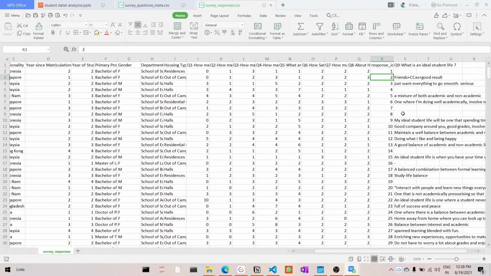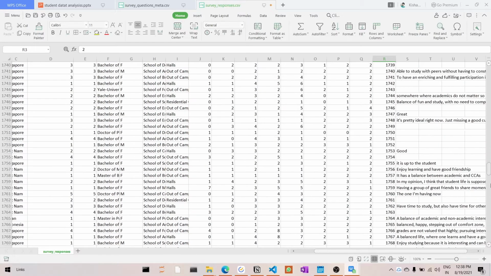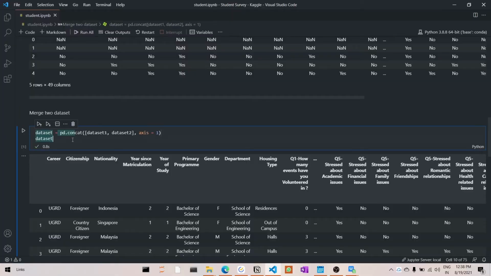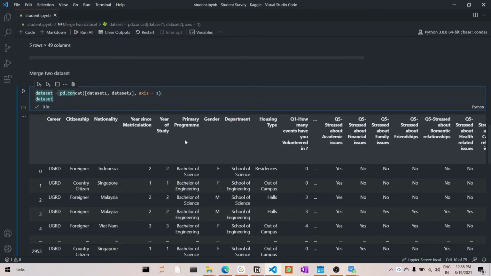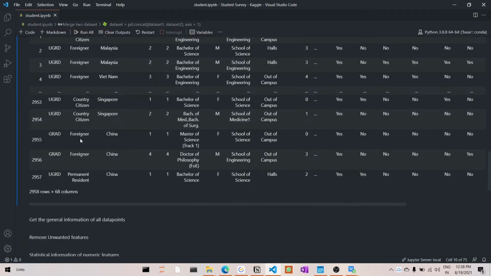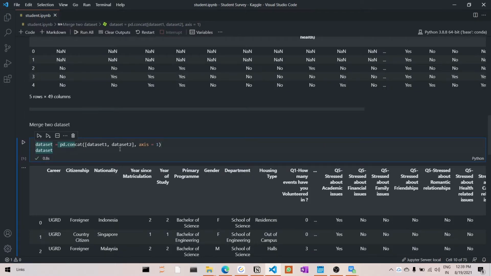We have exactly the same number of responses in both datasets, so we can easily map them. Here you can see we merge these two datasets using the pandas concat method. We have 2958 rows and 68 columns, and we merge on the column axis, so after the first dataset's columns, the next dataset's columns are added.